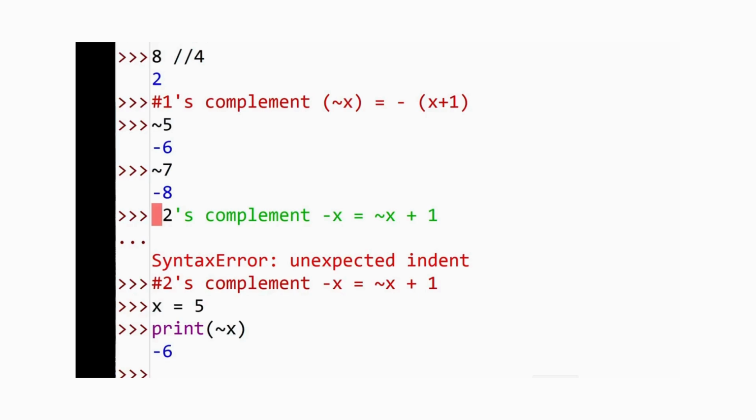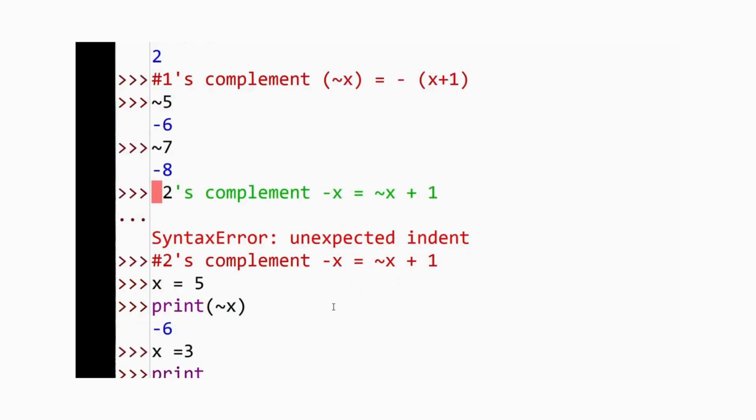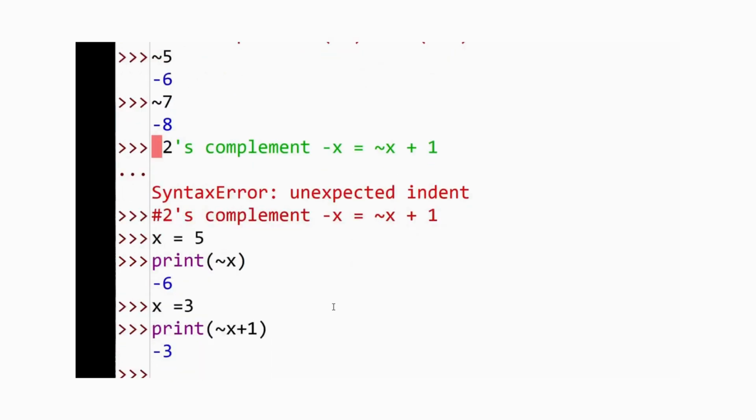Okay, now we will see one more. x equal to 3. Okay, print tilde x plus 1. You simply write here. Minus 3 is coming.